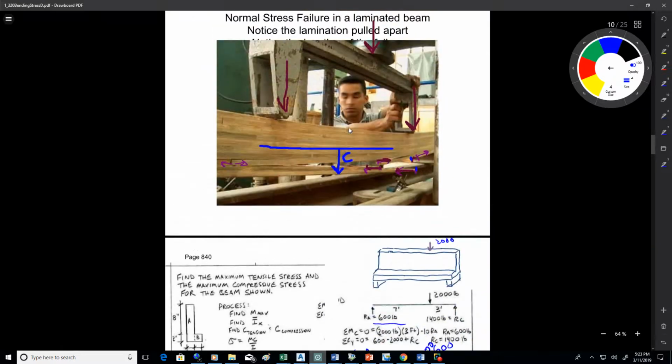All right, so let's have a look at page 840. We've got this L-shaped beam with the load applied, 2,000 pounds there, 7 feet over from A, which is 3 feet from C, which is where the supports are. So there's A and there's C. I've got the cross-section of the beam shown over here on the lower left.